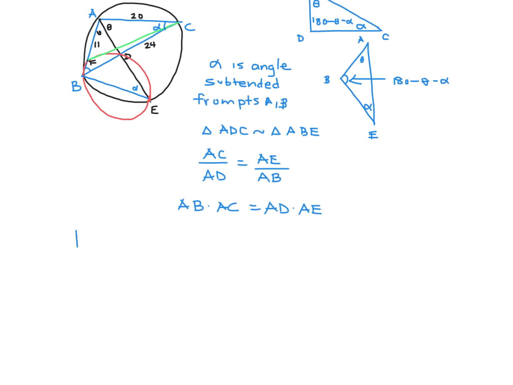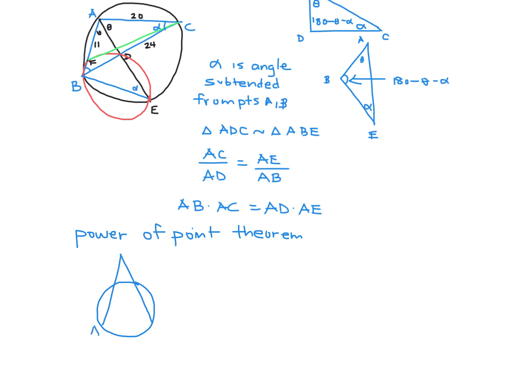Now we have a lesser known theorem called the power of a point theorem. Some of you may know this, some of you won't, but that's okay. I will explain it. It involves a circle, and let's say you have a line that crosses through like that.